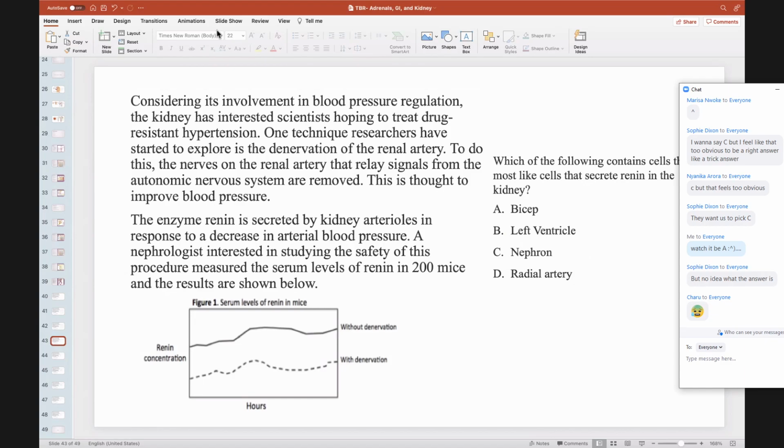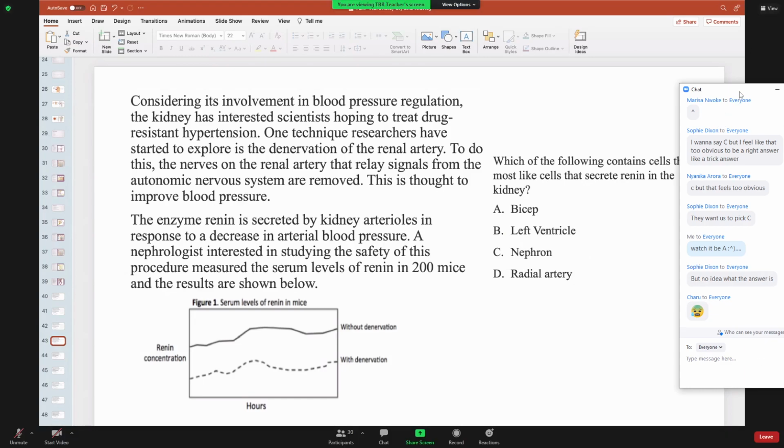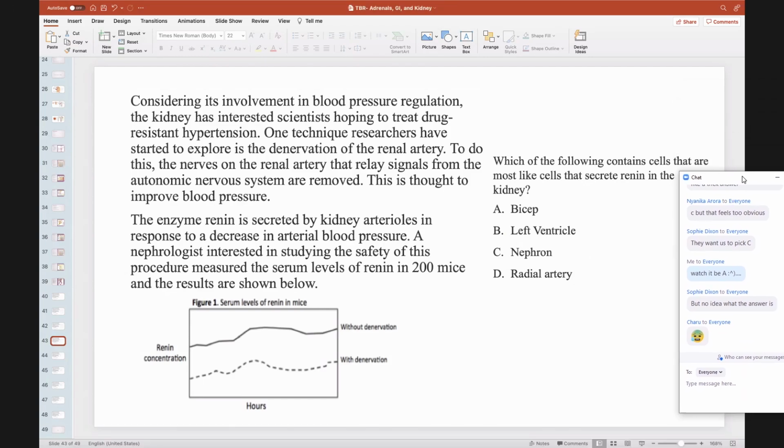Alrighty. All right. So you guys wanted to choose C, but you guys are sketched out by C. So what type of cells are most like the cells that secrete renin? So which of the following organs or structures contain cells that are most like the cells that secrete renin?